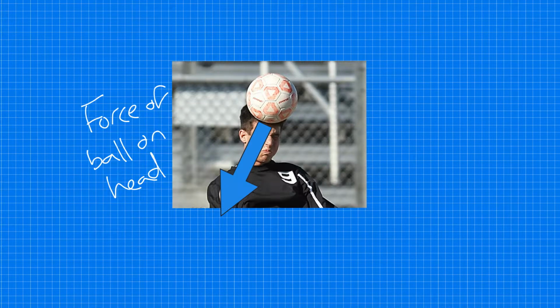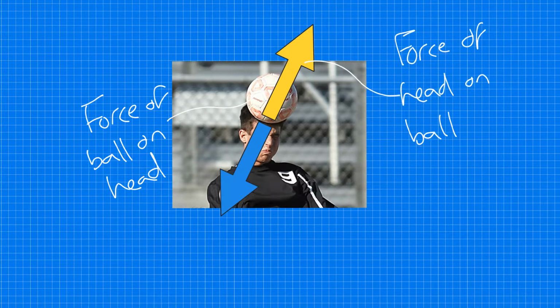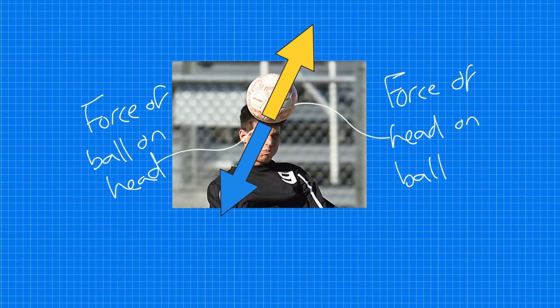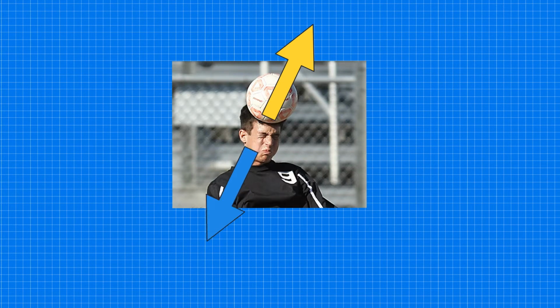But that force exerted on the ball, which has a much lower mass, is obviously going to move it away much faster. It's going to accelerate at a greater rate. So if you look at the objects together, you've got an equal and opposite pair of action-reaction forces. If you look at them individually, you can see the balanced or unbalanced forces that are acting on an object, and you can figure out what's going to happen.